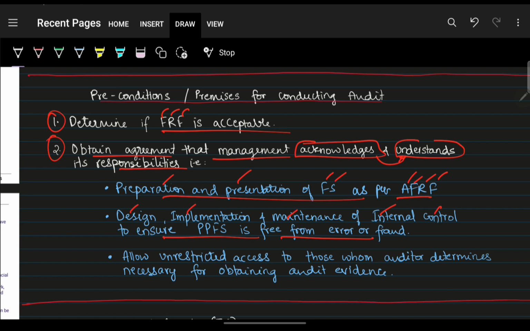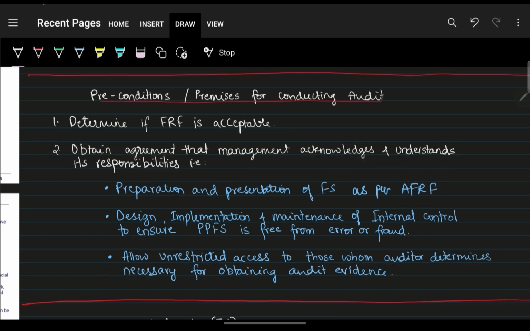And lastly, allow unrestricted access to those whom the auditor determines necessary for obtaining evidence. I think there are two more points missing here, which is any information that the auditor may require, or rather all information, and then additional information.